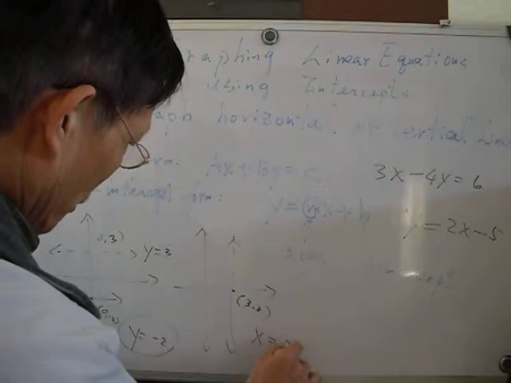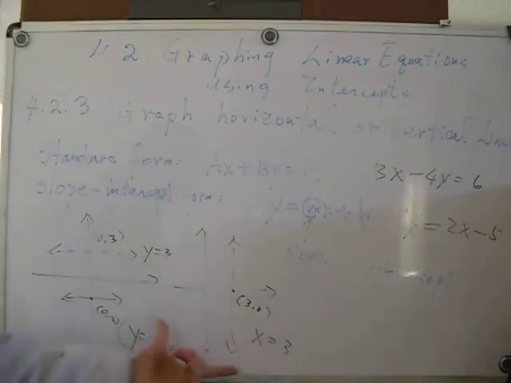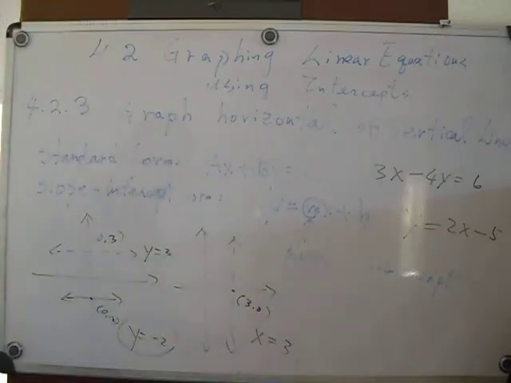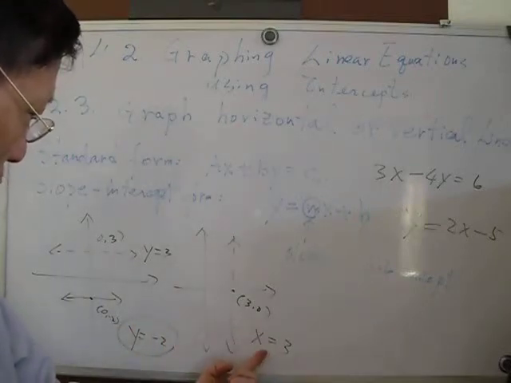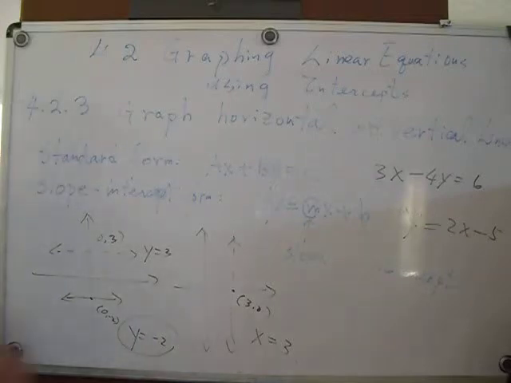X equals 3. As you can see, no y component. So next time you see an equation like this with no y component, it's a vertical line; no x component, horizontal line. This is very unique for these two kinds of lines.